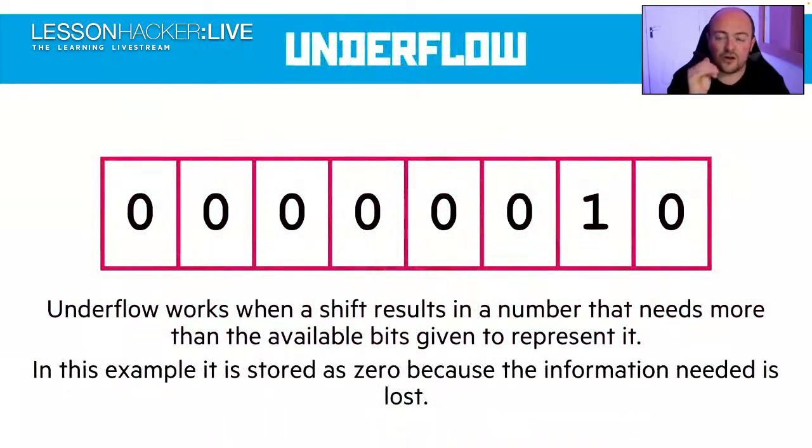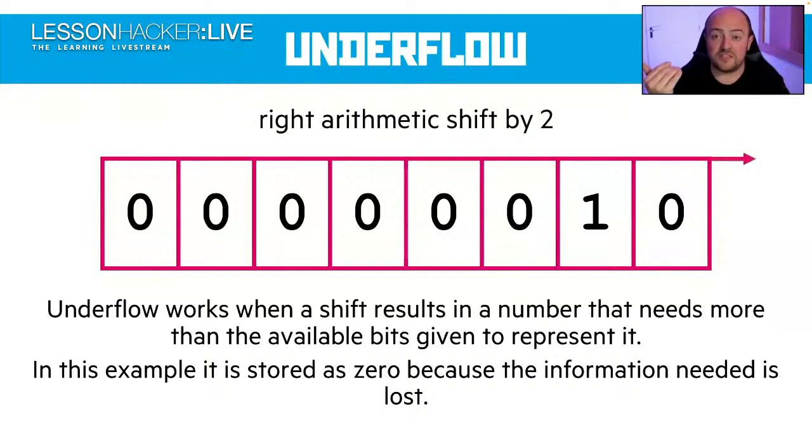Now, there is a concept called underflow as well, which is quite important and often misunderstood. Underflow is when a shift results in a number that needs more than the available bits. So basically going the other way. The number becomes too small to represent, not too big to represent. In this example, if I'm shifting to the right by 2, it moves once, it moves twice, and I've lost that 1. It's disappeared.